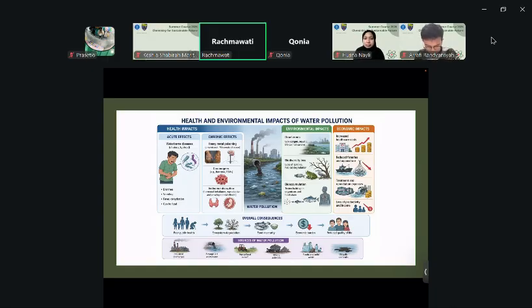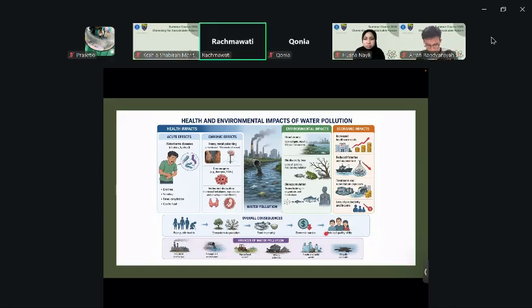And those can also reduce productivity and then income. In general, the consequences: it might cause poor public health, we don't want that, or ecosystem degradation, food insecurity, or even economic burden. And that might reduce the quality of life, making the city or the area an unhealthy place to live.